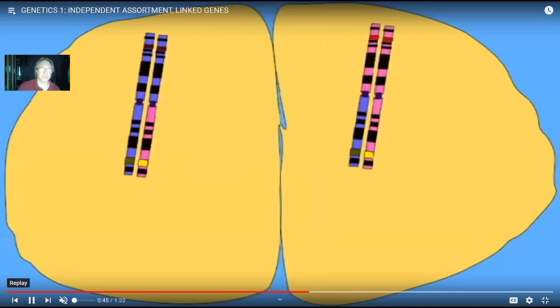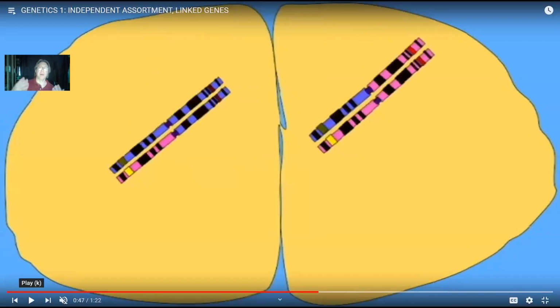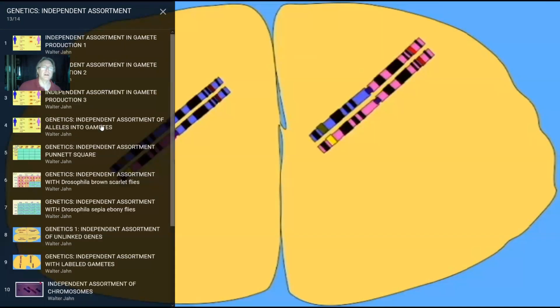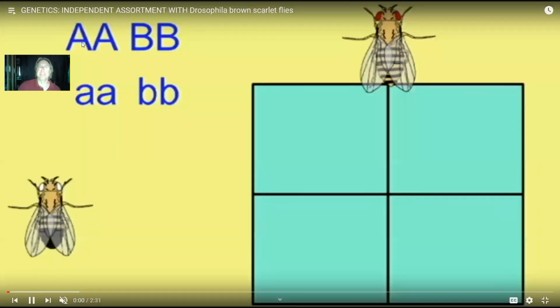So I'd like to pause there and then simply sum up. Mendel had 3 principles. The principle of segregation, of dominance, and of independent assortment. If genes are assorting independently, then they're on different chromosomes. And that means that the big A allele doesn't always travel with the big B allele.